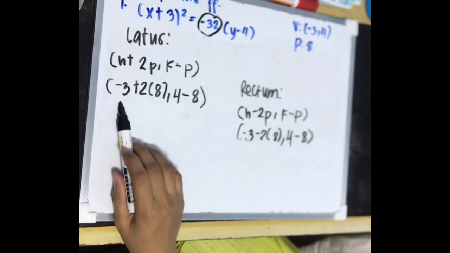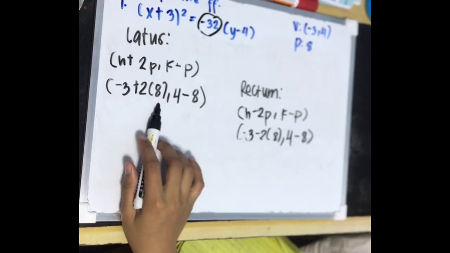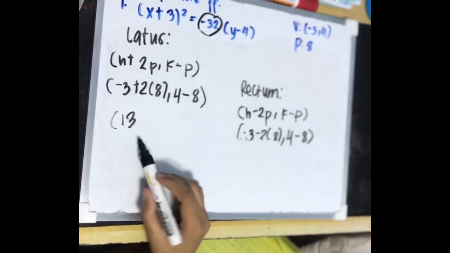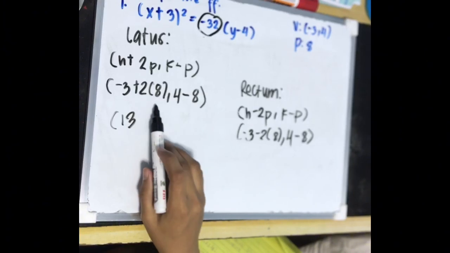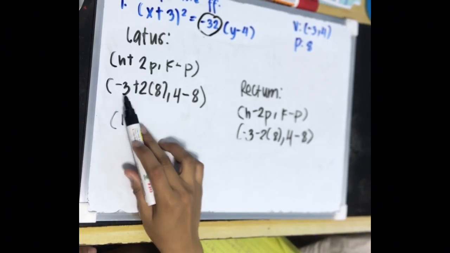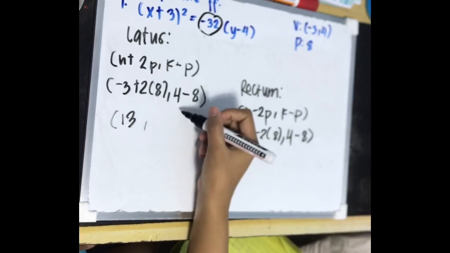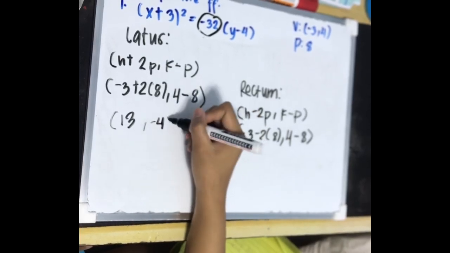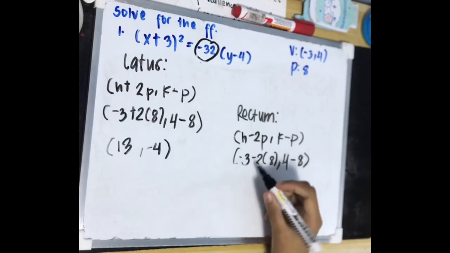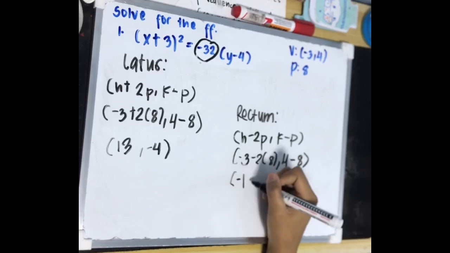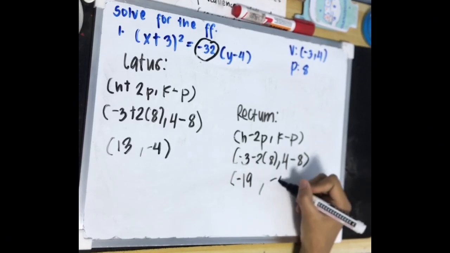So to answer this one, negative 3 plus 2 times 8 is 13. Bakit siya naging 13? Kasi 2 times 8 is 16. And 16 minus 3, or basically plus negative 3, is 13. And here, 4 minus 8 is negative 4. So the answer here would be negative 19. And the answer here is negative 4.